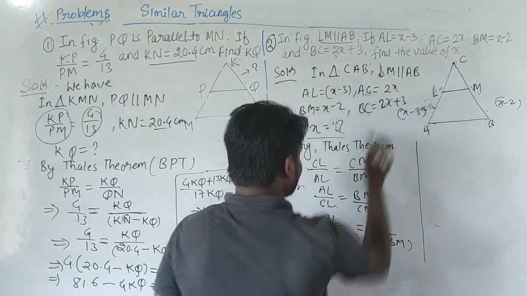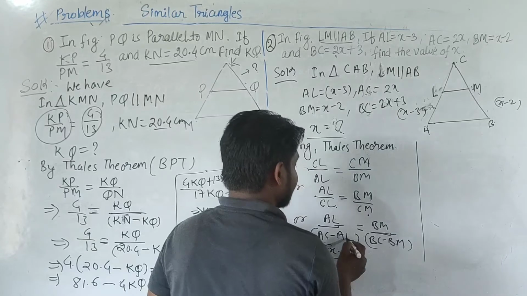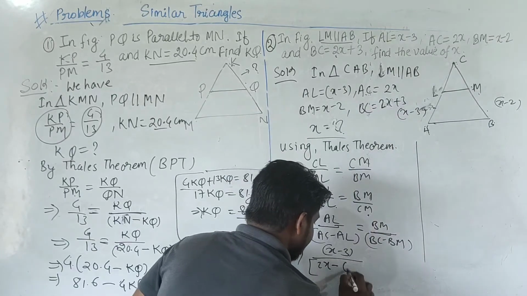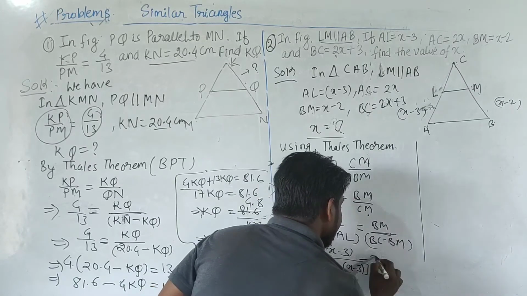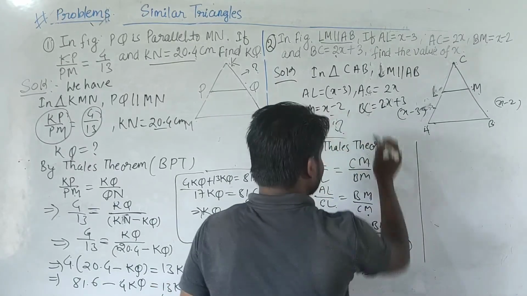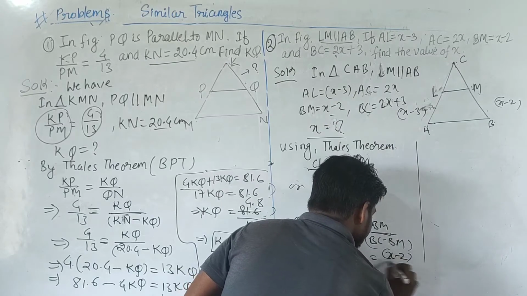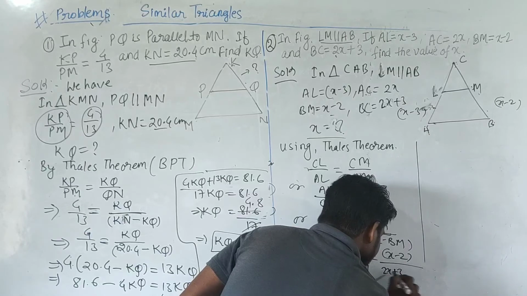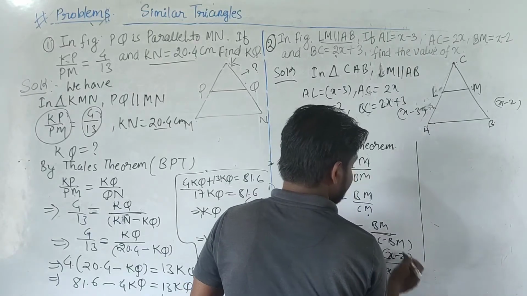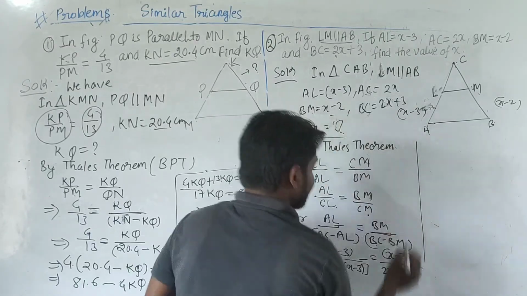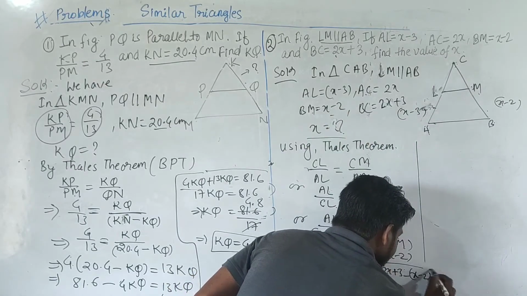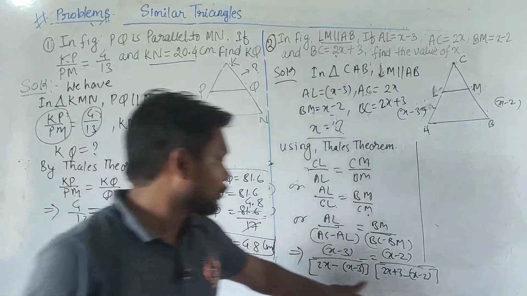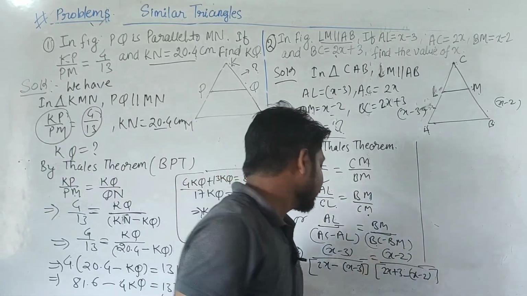AC is 2x minus AL, which is x minus 3 again, equal to BM, which is x minus 2, over BC, which is 2x plus 3, minus BM, which is x minus 2. I hope up to this everybody understood.